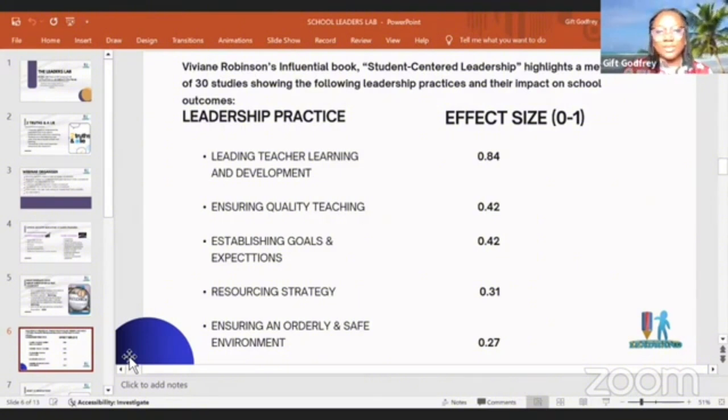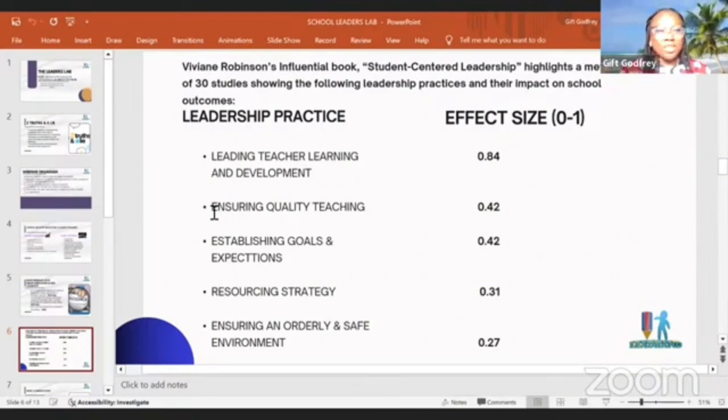Look at the effect size on a scale of 0 to 1. Leading teacher learning and development, my goodness, 0.84. Ensuring quality teaching, 0.42. Establishing goals and expectations, 0.42. Then we have resourcing strategy, 0.31. Ensuring an orderly and safe environment, 0.27.